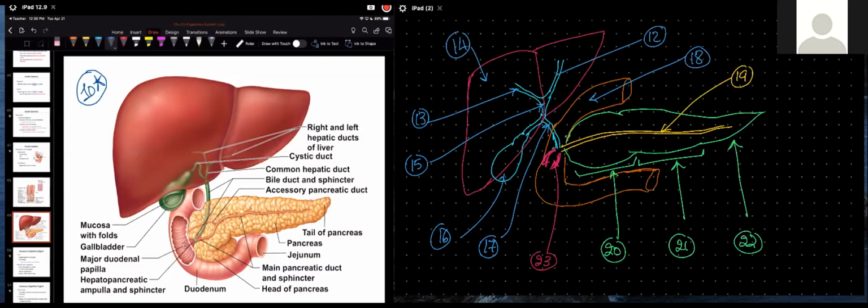Any questions? Any questions? Anything which is not clear on this diagram?